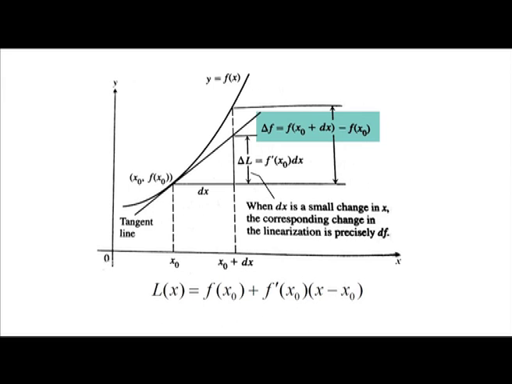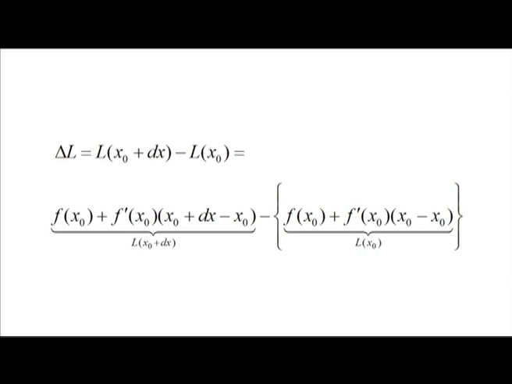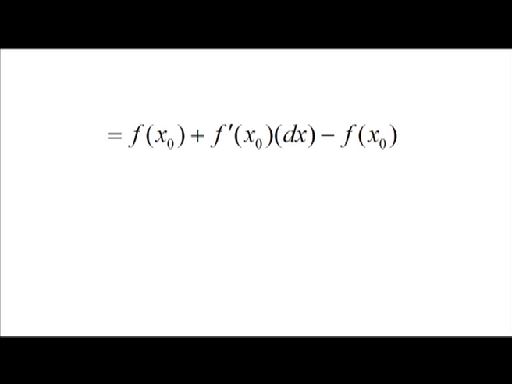The corresponding change in L is delta L is equal to L of x naught plus dx minus L of x naught, which is equal to f of x naught plus f prime of x naught times x naught plus dx minus x naught, minus f of x naught plus f prime of x naught times x naught minus x naught, which is equal to f of x naught plus f prime of x naught times dx minus f of x naught, which is equal to f prime of x naught dx.